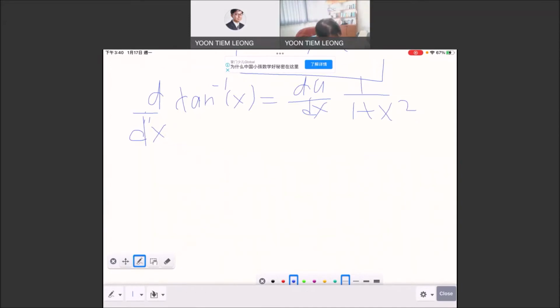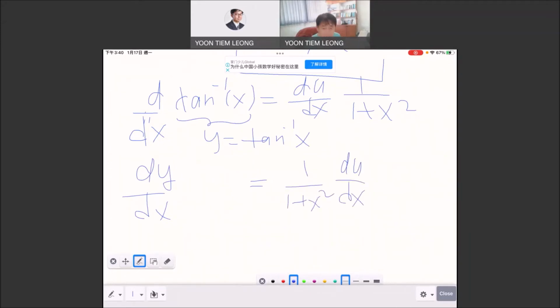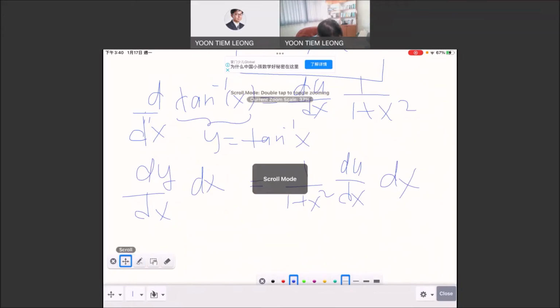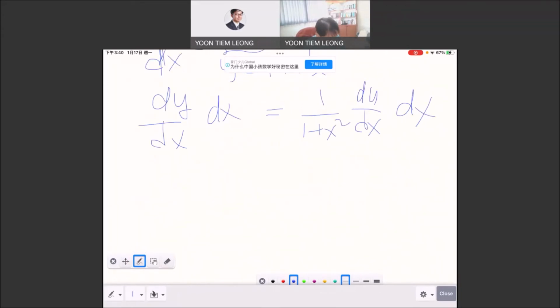Before I multiply, I'll just call this y to be just the arctangent of x. Then the left hand side will be just dy/dx, and the right hand side will be just 1 over 1 plus x squared du/dx. And on both sides, I'm going to multiply by dx. The product of dy/dx times dx is again the differential dy.